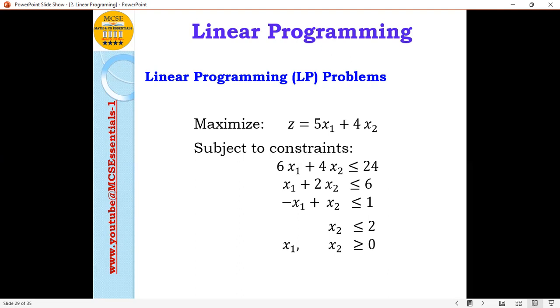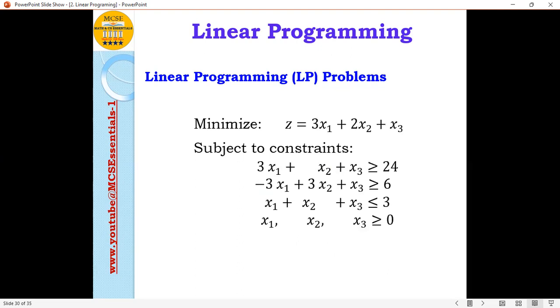The problem may also have three variables, and we can see here an example of minimization of z, which depends on x1 raised to the power 1, x2 raised to the power 1, and x3 raised to the power 1.